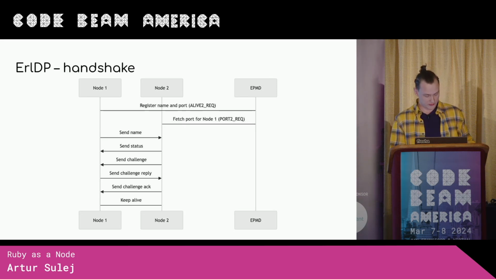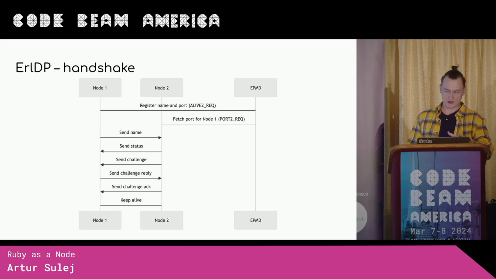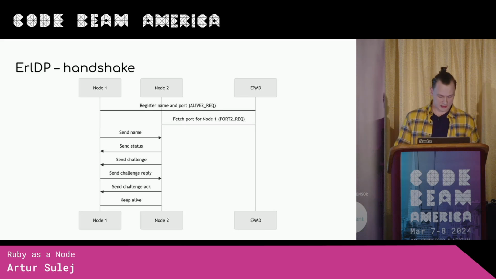Node 1 first starts in a distributed node mode with some name. It registers itself in EPMD. Then node 2 wants to connect to it. So first it needs to ask EPMD for the port on which node 1 is running.